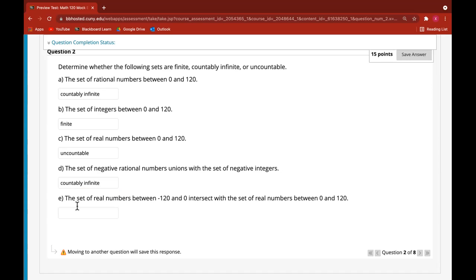Okay. Now here, the set of real numbers between negative 120 and 0, intersected with the real numbers between 0 and 120.